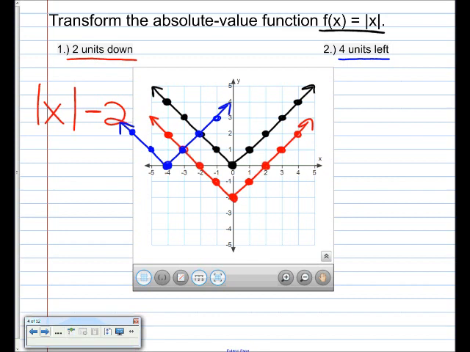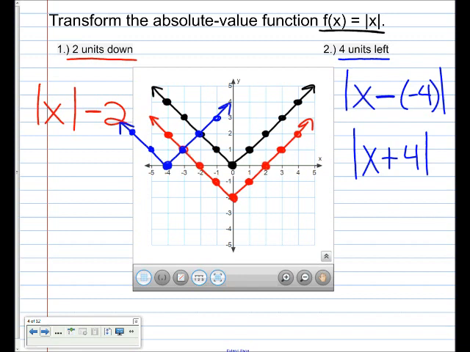Because I don't have parentheses, I have absolute value. Okay? So watch how I do this. You write the absolute value of x minus, and what is 4 to the left? What number do you use for 4 to the left? Negative 4. Well, we're never going to leave it like that, because that says subtracting a negative. So it becomes plus 4.